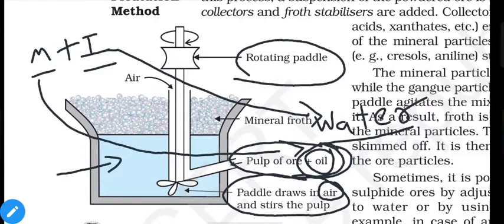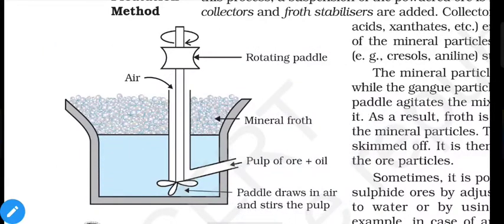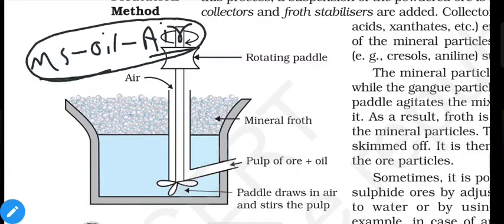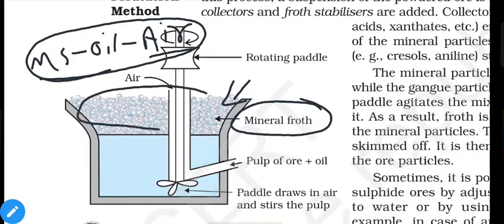So you get a combination of metal sulfide attracted to oil particles attracted to air bubbles, and because of air this whole mixture becomes light and is separated out as mineral froth from above. You can collect this froth, and then by drying and washing you can obtain your concentrated metal sulfides.